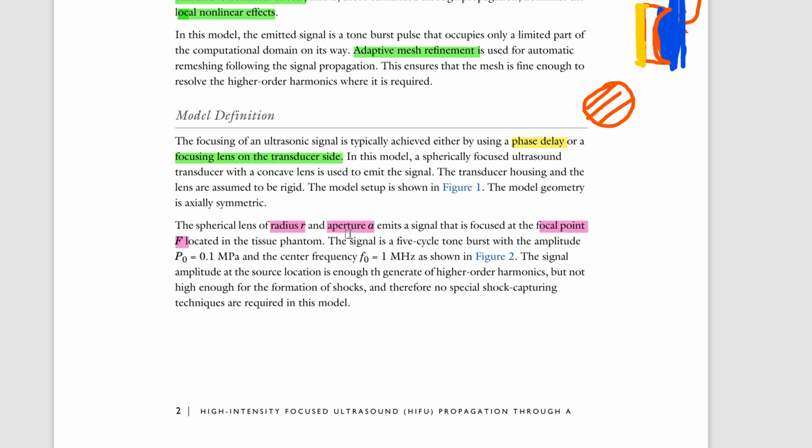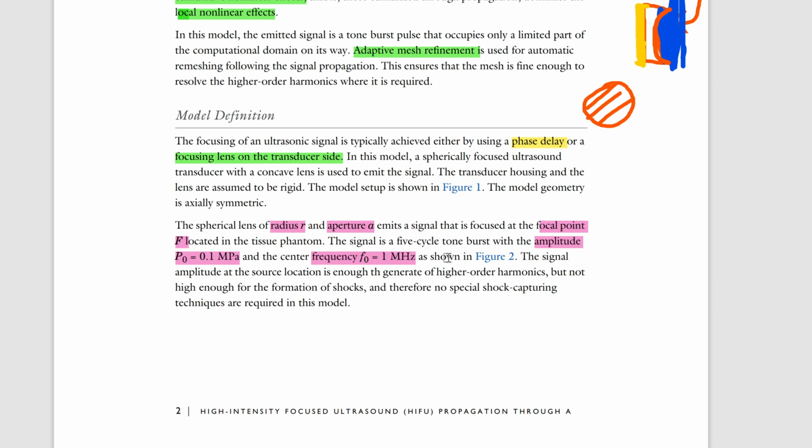The signal is a 5-cycle tone burst with the amplitude of P initial equal to 0.1 megapascals. Okay, so we have an amplitude of this, and the center frequency of f initial equal to 1 megahertz. The center frequency is shown in figure 2.